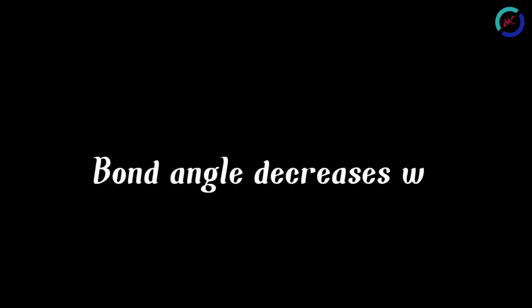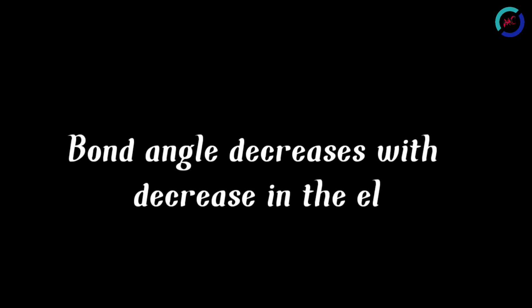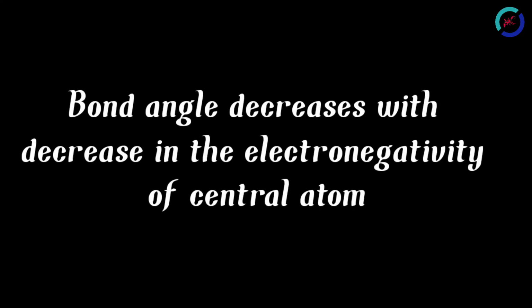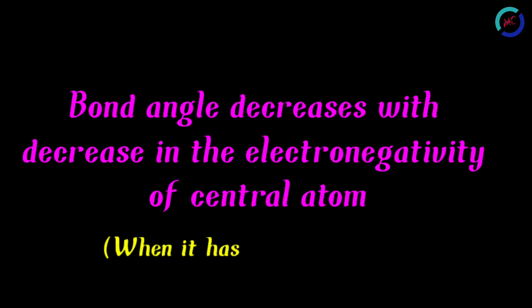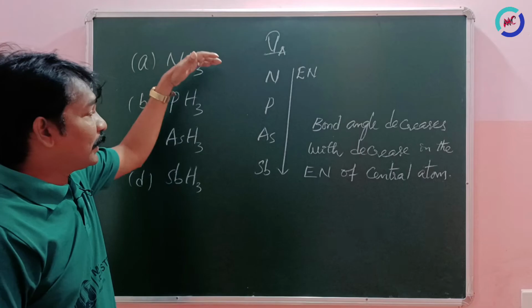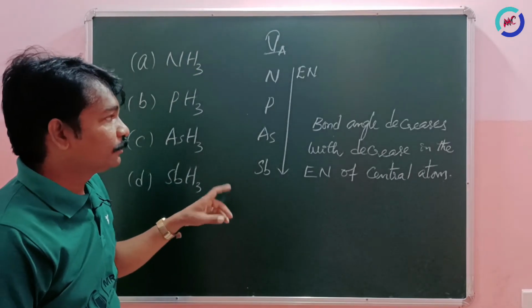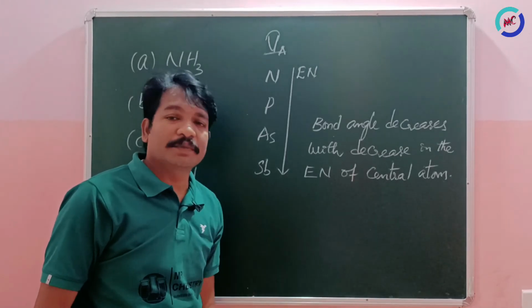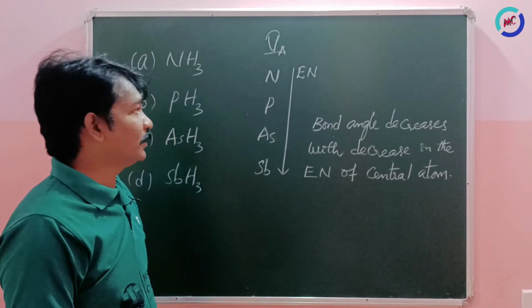Bond angle decreases with the decrease in the electronegativity of the central atom. Fine. When it has the same side atoms, the bond angle decreases with a decrease in the electronegativity of the central atom. That is a very important point here.